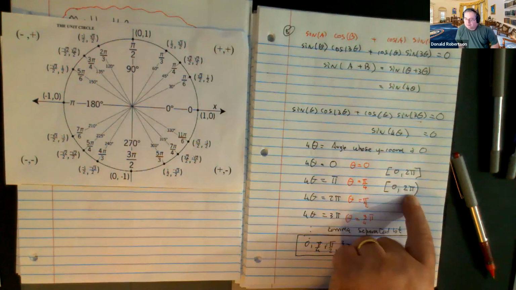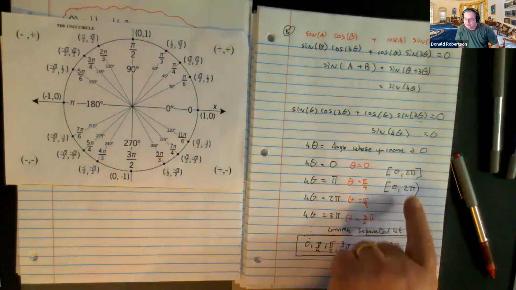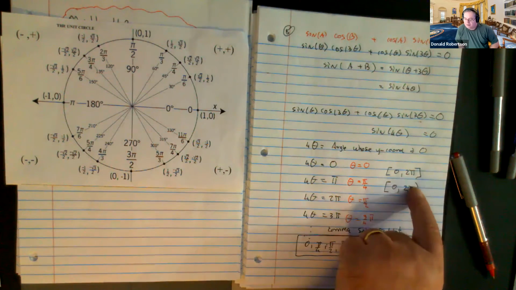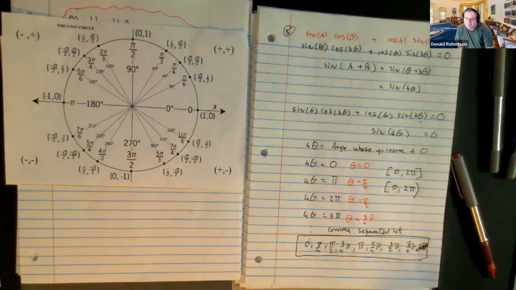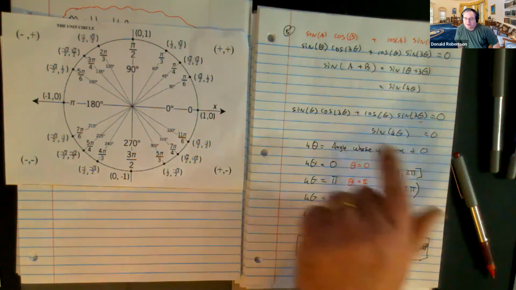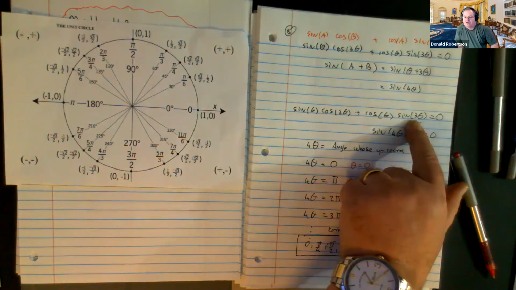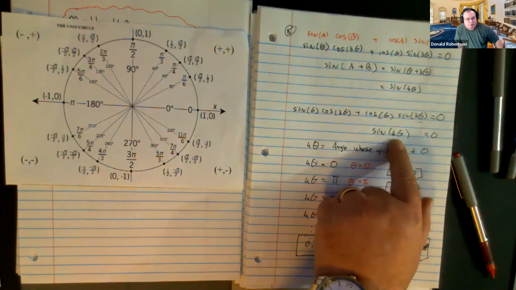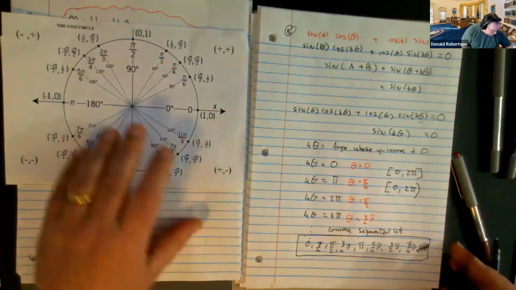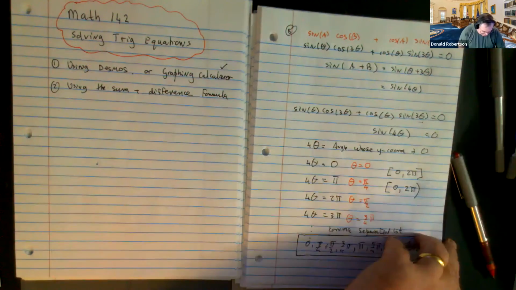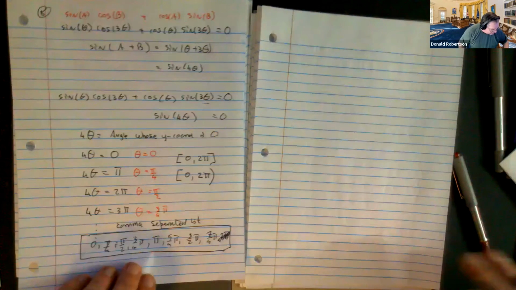So, little thing, missed it until I had a second look. Can't use 2 pi. So the trick was to realize that this horrible expression could be combined using one of the sum difference formulas into a single sine that was much easier to solve. And that's how we would do A.